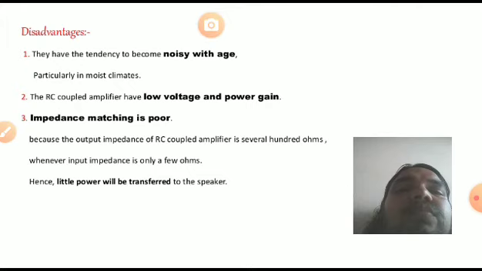Third, impedance matching is poor, because the output impedance of the RC coupled amplifier is several hundred ohms, whereas the input impedance of the load is only a few ohms, hence little power will be transferred to the speaker.